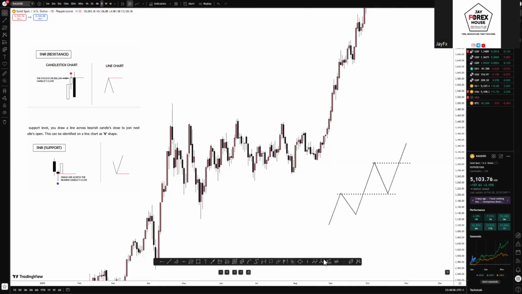We have key formations around this area, key formations around this area, and key formations around this area. These are key levels, and each of these swing points will find a different formation as market structure continues to form.